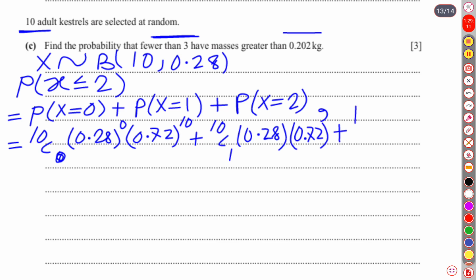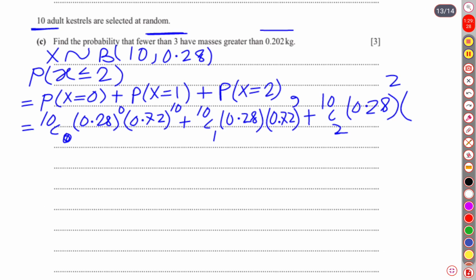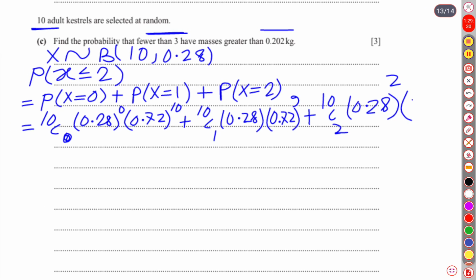So out of 10, 10 choose 2, 2 birds are having mass greater than 0.202, and the rest 8 birds are having mass less than 0.202. How many birds? 8 birds.